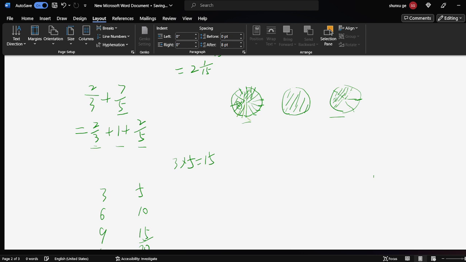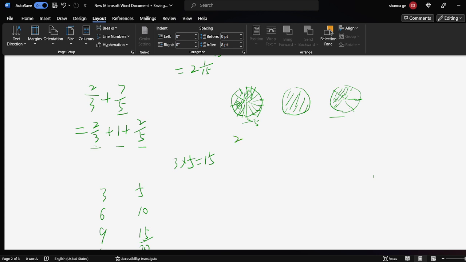Okay, that means this pizza's total size is the same. For example, a 12-inch pizza, any size is okay, 12 inches or 18 inches, it's okay. But anyway, this whole pizza we cut into 15 parts.